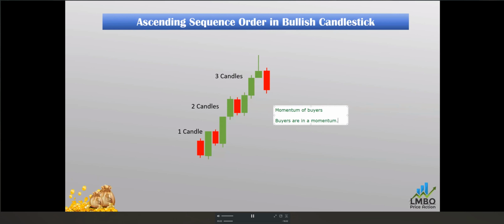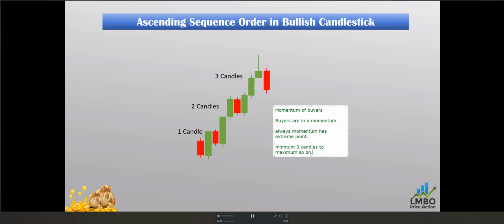When we find momentum, momentum always has an extreme point. So when you find a minimum of 3 candlesticks, up to a maximum of whatever, that is where the extreme level is generated.